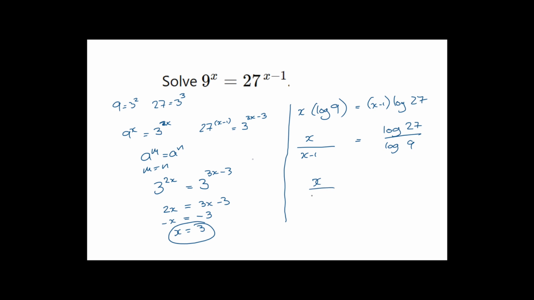So x over x minus 1 equals 1.5. So x is going to be equal to 1.5x minus 1.5.